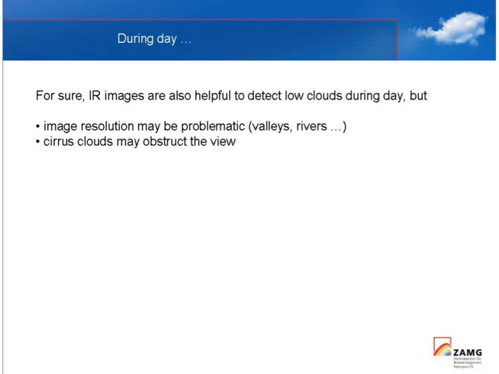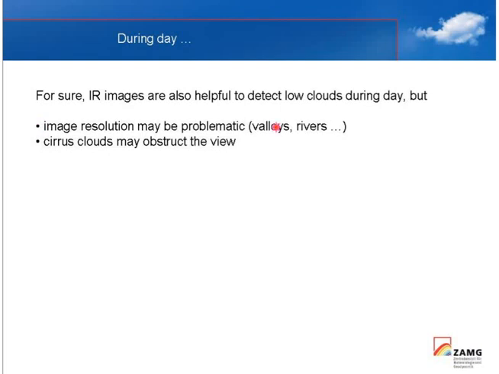But with the present generation of MSG we have the problem of the resolution. We have a less high resolution with 10.8 compared to the high resolution visible image, and this might cause some problems for small scale fog patches in river basins or in valleys, for example.